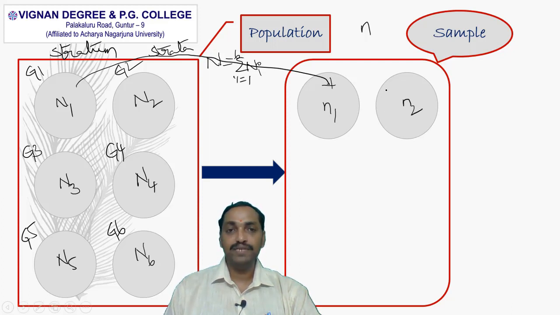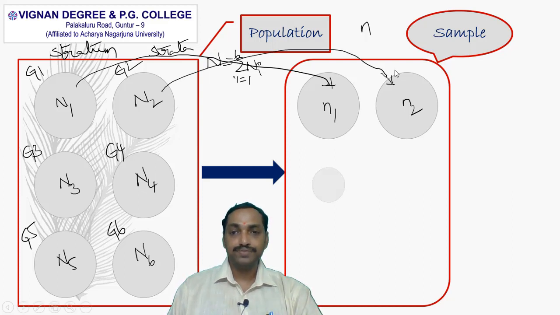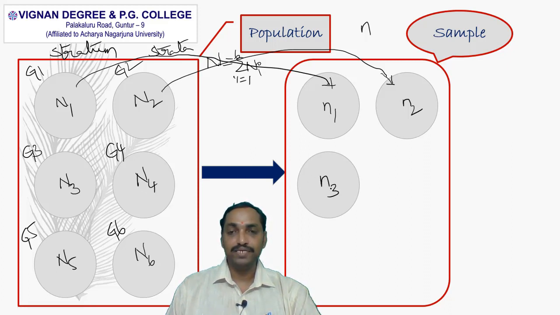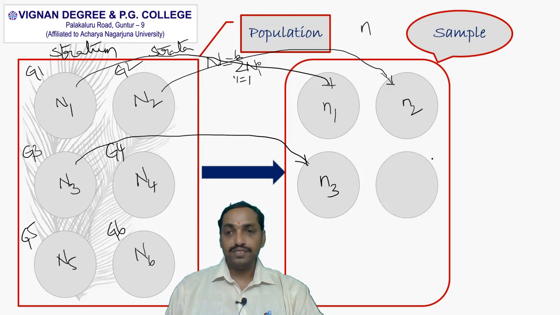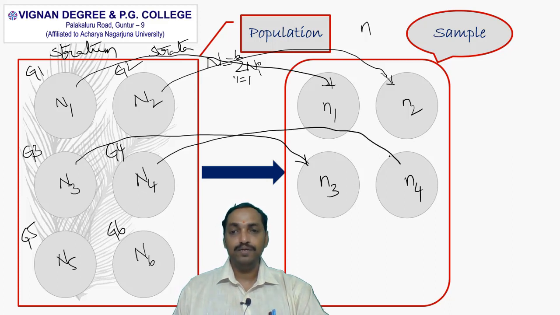These n2 elements have been taken from group 2 in the population. Similarly, the third subgroup in the sample comprises small n3 number of elements, and these n3 elements have been taken from group 3 in the population. Similarly, group 4 in the sample comprises small n4 number of elements, and these n4 elements are taken from group 4 of the population.